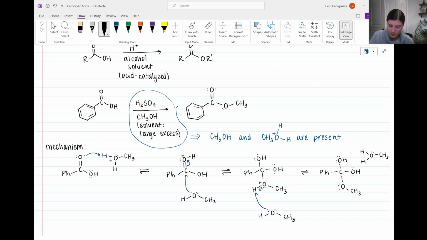This is a better proton donor. So one of the OH groups gains a hydrogen from protonated solvent, and then that oxygen to hydrogen bond from the solvent will break.